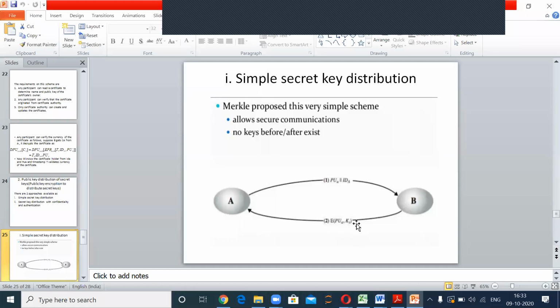The session key is transmitted encrypted by using the sender's public key, PUA. Who will encrypt? The receiver will encrypt. Which one will be encrypted? The session key. This is the simple secret key distribution.